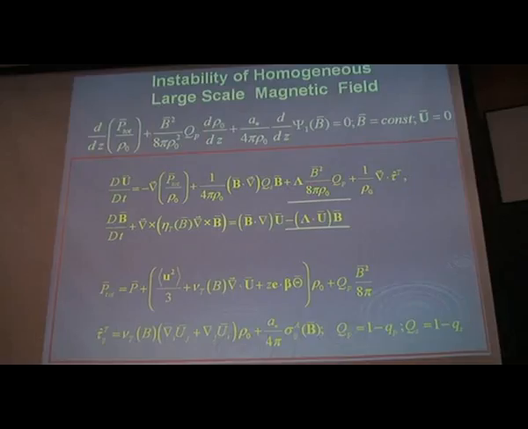If we drop all other terms and take into account just these two, we will see immediately that if Q_P equals 1, it's just the Parker mode. But if Q_P is negative, in this situation instability is possible even in a totally homogeneous magnetic field.